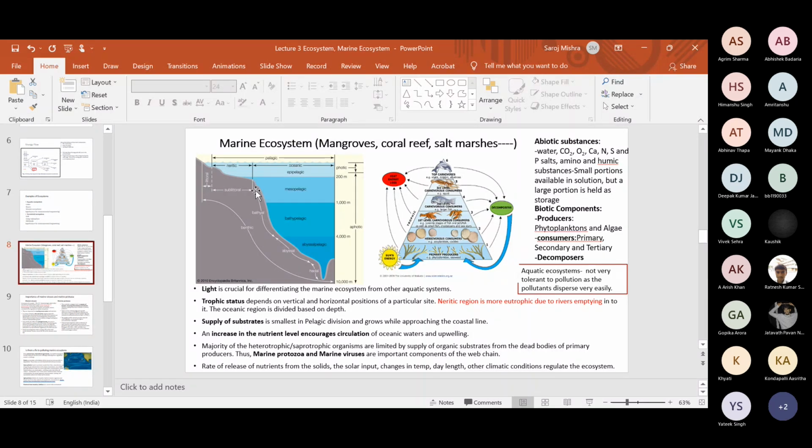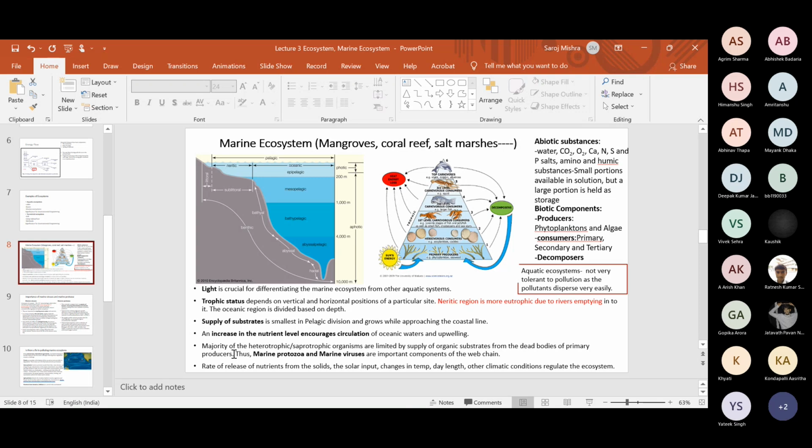Yes, ma'am. Okay, so let's look at what's really happening here. An increase in the nutrient level also encourages circulation of oceanic waters. The majority of the heterotrophic or saprotrophic organisms are limited by the supply of organic substrates from the dead bodies of the primary producers.